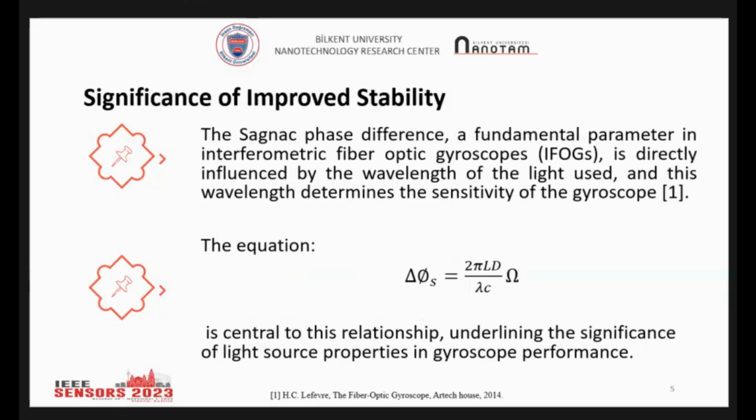It is directly related to the wavelength change of the light source you use. The more stable the light source, the higher and more stable the precision of the measurement. This is why it is so important to improve wavelength stability for fiber optic gyroscopes.